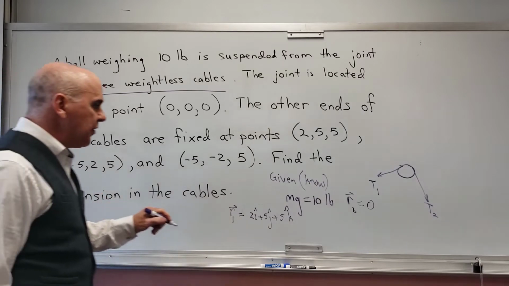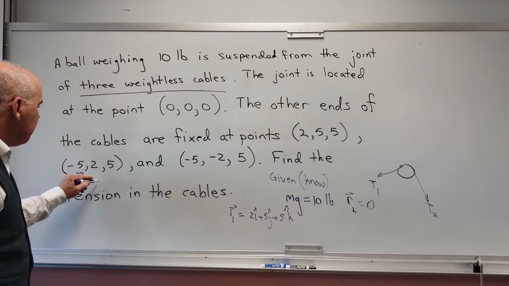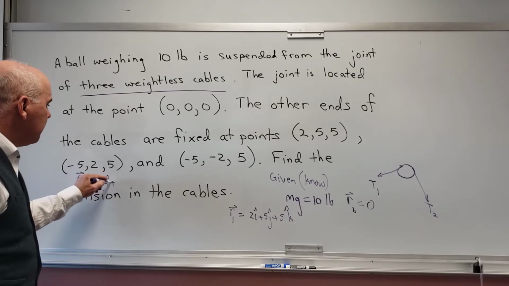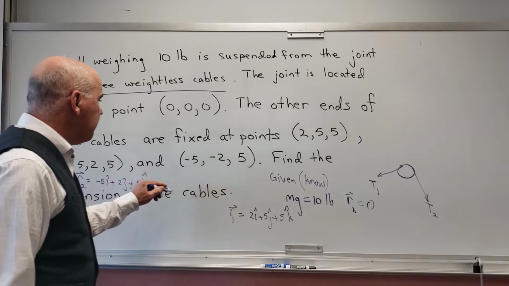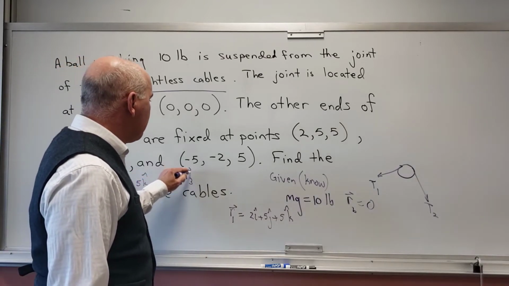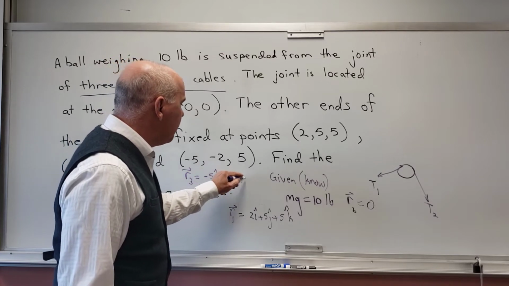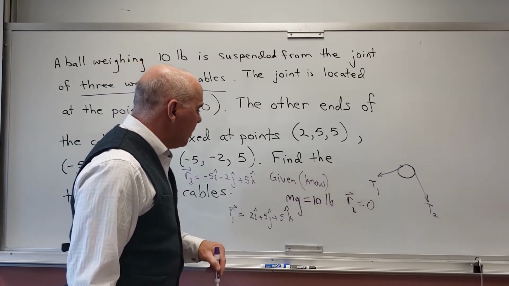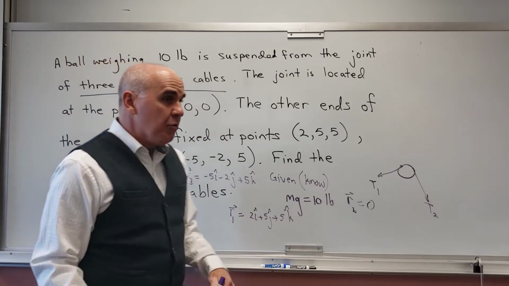R2 is equal to minus 5I plus 2J plus 5K, and then position number 3, R3, is equal to minus 5I minus 2J plus 5K. I wouldn't normally do this. Normally I would list them down, but I'm running out of board.